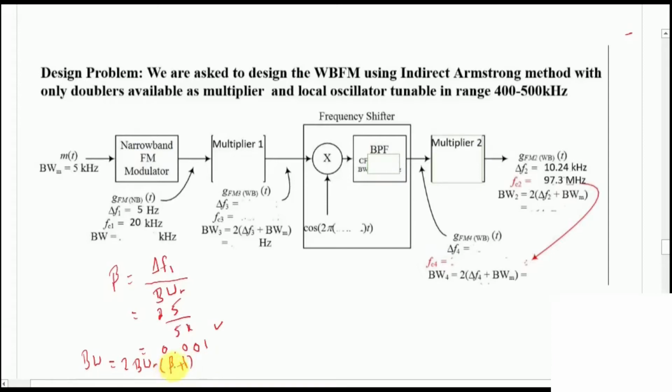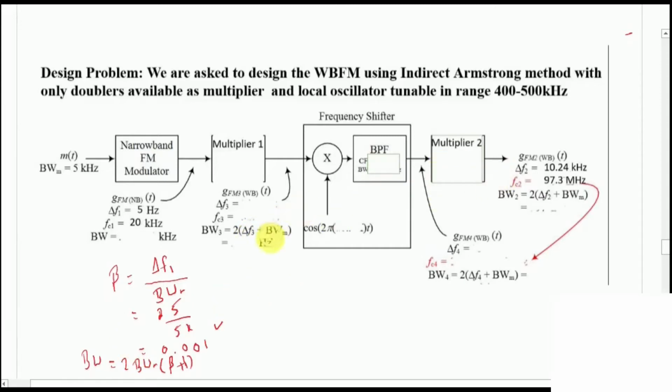Beta over here is only 0.001, so adding it to 1 is very similar to 1, and our bandwidth can be approximated to 2 B_m. As mentioned previously, if it is narrowband FM, then the bandwidth is twice the bandwidth of the message signal. So the first is checked.